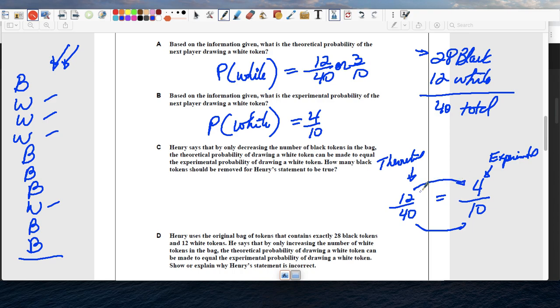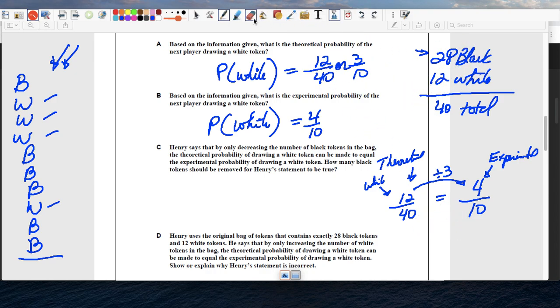So we want to remove black tokens. The number of white tokens will stay the same. So 12, and if you think of equivalent fractions, for 12 to become 4, I divide by 3. So I want to change the total here.